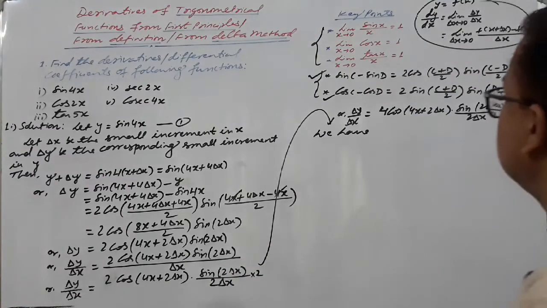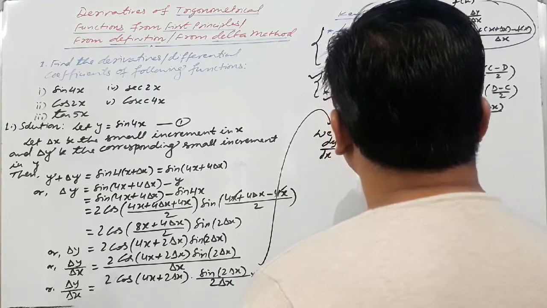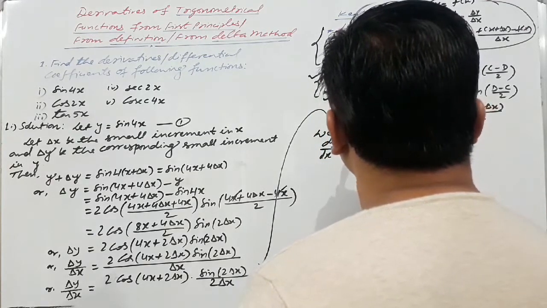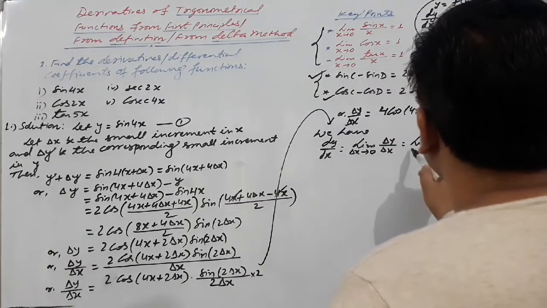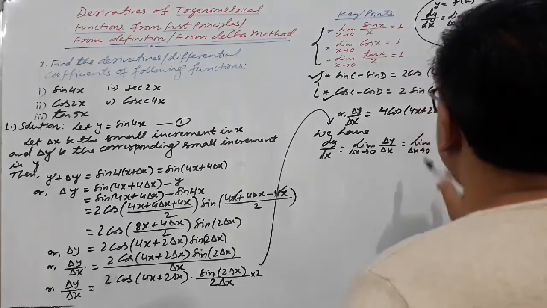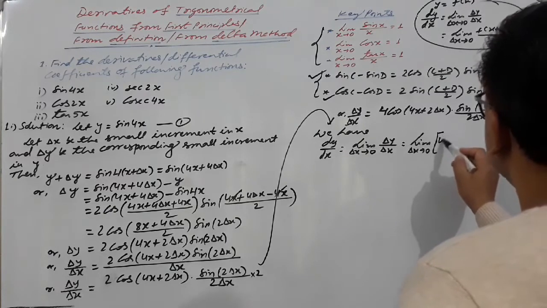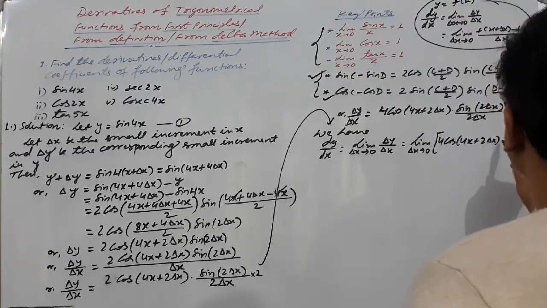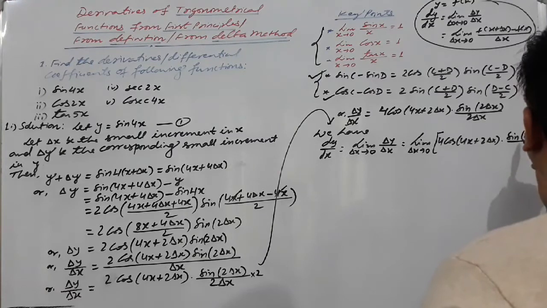From definition, dy by dx is equal to limit of delta y by delta x when delta x tends to 0, which is equal to limit as delta x tends to 0. You may write down the value of delta y by delta x from here: 4 cos 4x plus 2 delta x times sine of 2 delta x over 2 delta x.